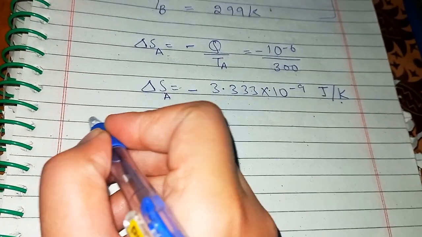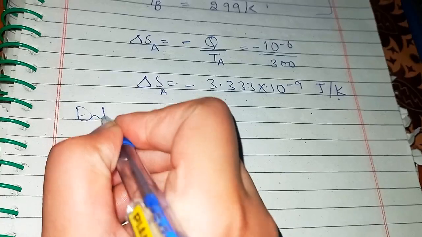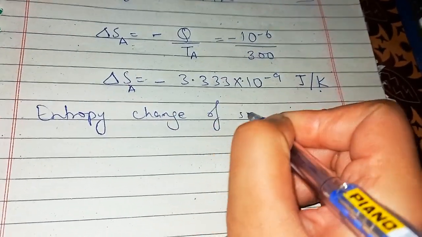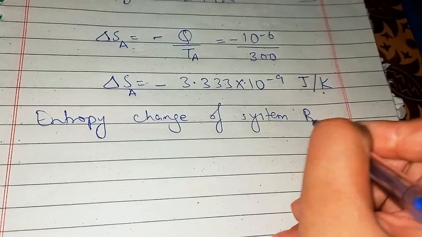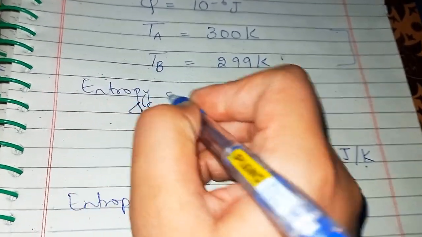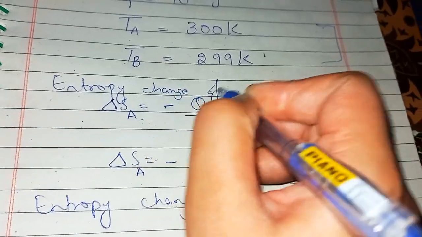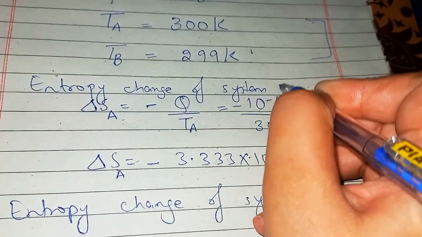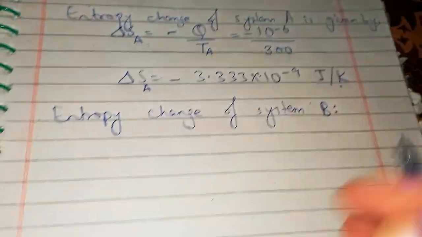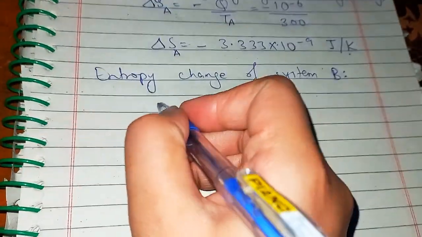Now let's find out the entropy change of system B. We can do the same here.